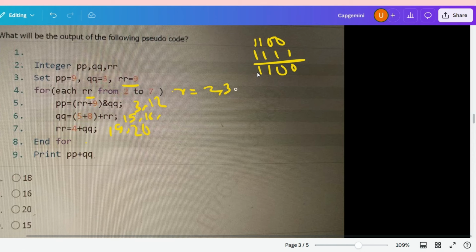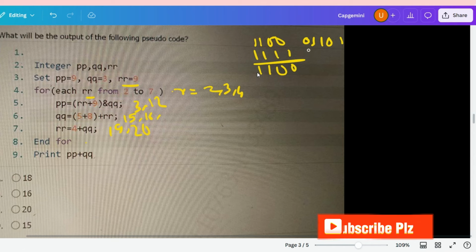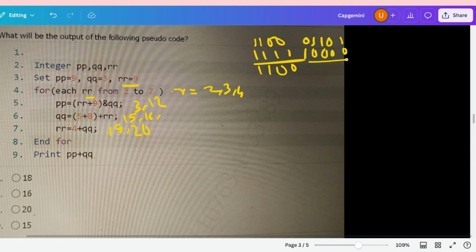In the next iteration, the r value will be 4. So 4 plus 9 is 13, and 13 AND q, where q is 16. This was 12 before. 13 is 1101, and 16 is 10000, while 15 is 1111.